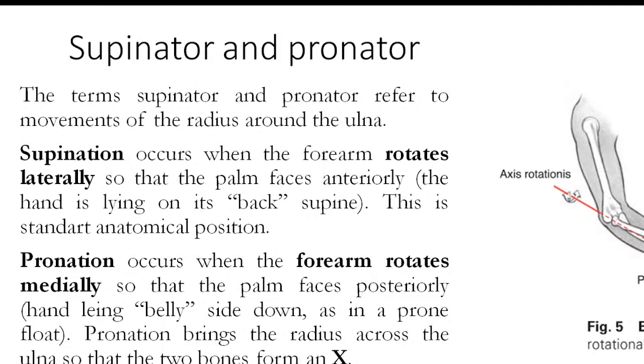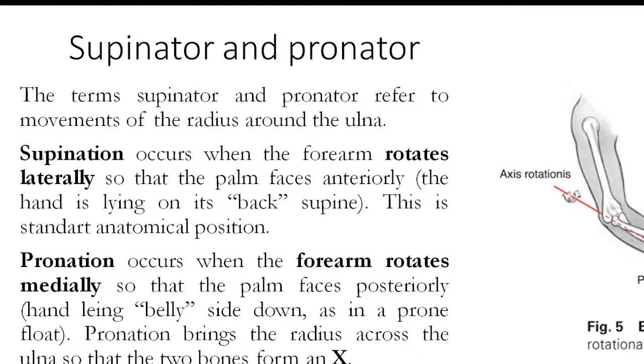Supination occurs when the forearm rotates laterally, so that the palm faces anteriorly. The hand is lying on its back, supine. This is the standard anatomical position.